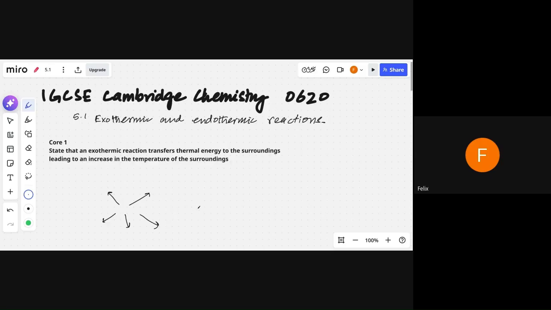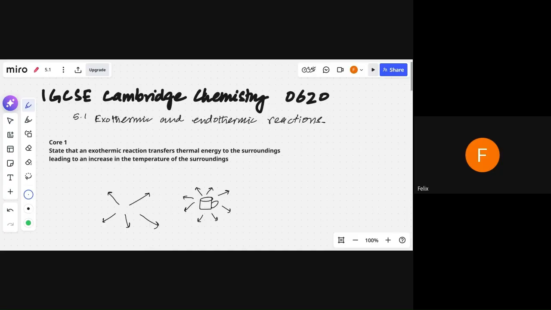Let's say you have a cup of hot coffee placed on a table, and it is releasing heat into the surroundings. The air surrounding this cup will get hotter, and the coffee itself will get colder over time, right?